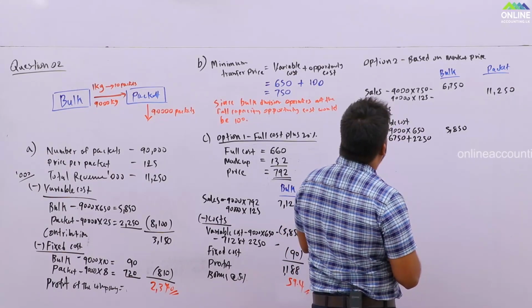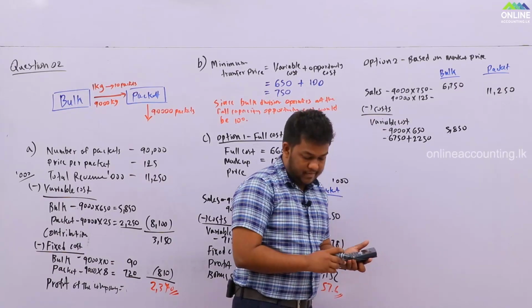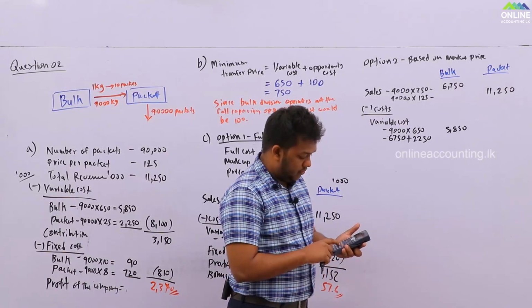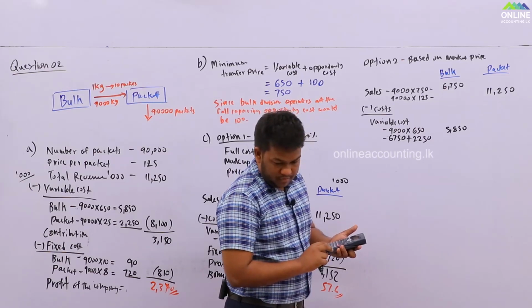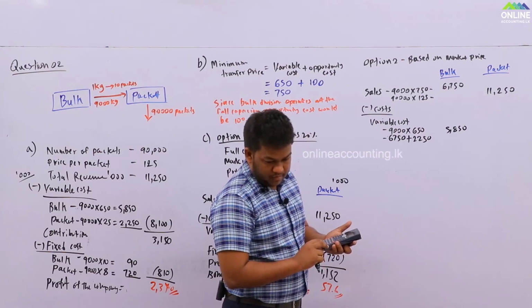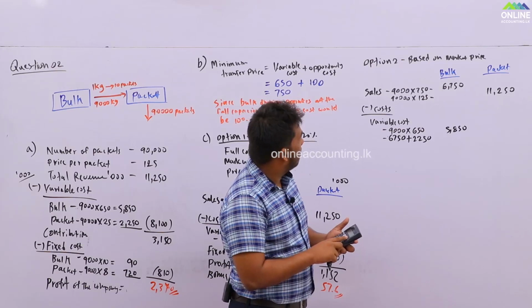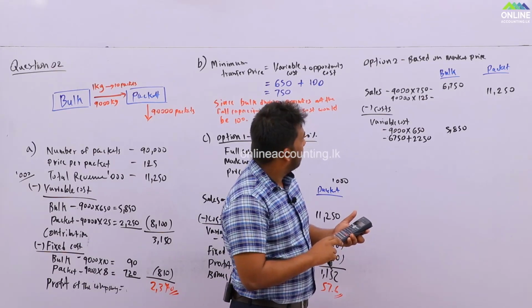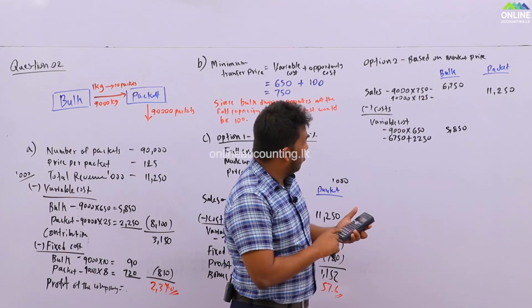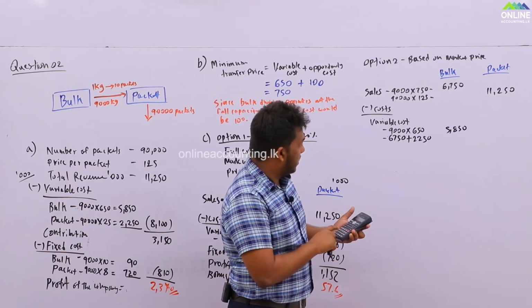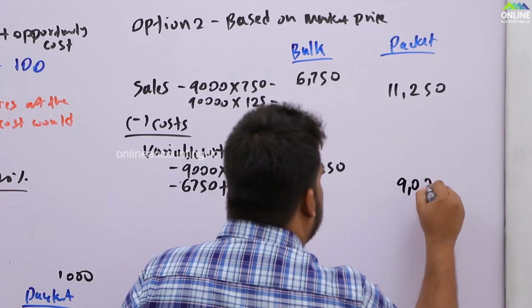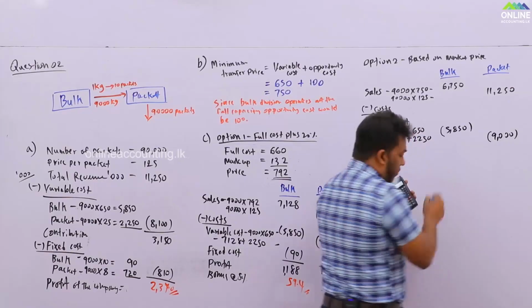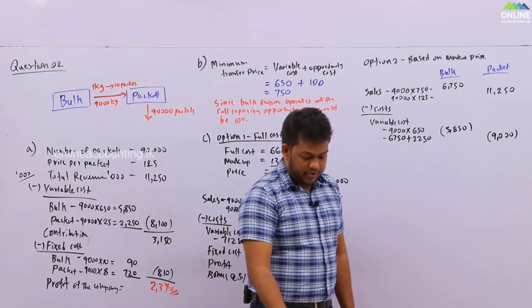Right? Then 2,250 plus 6,750, 9,000. 5,850, and this is 9,000.